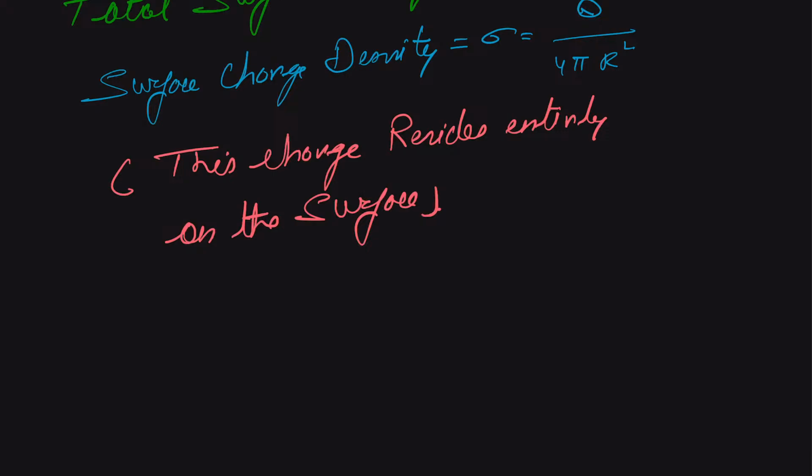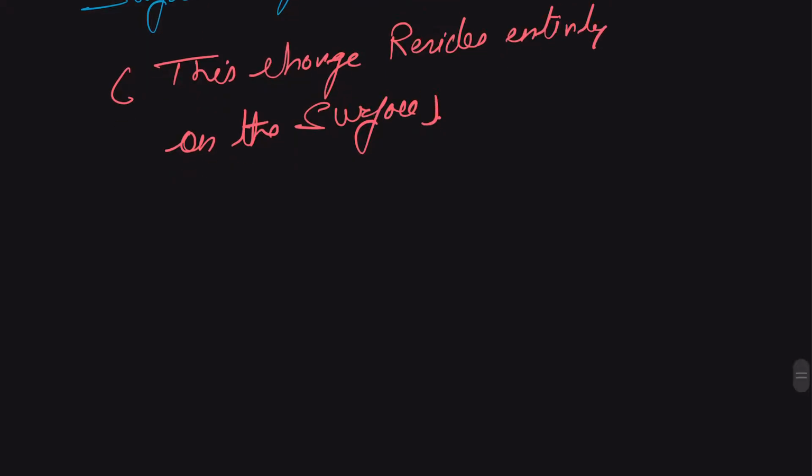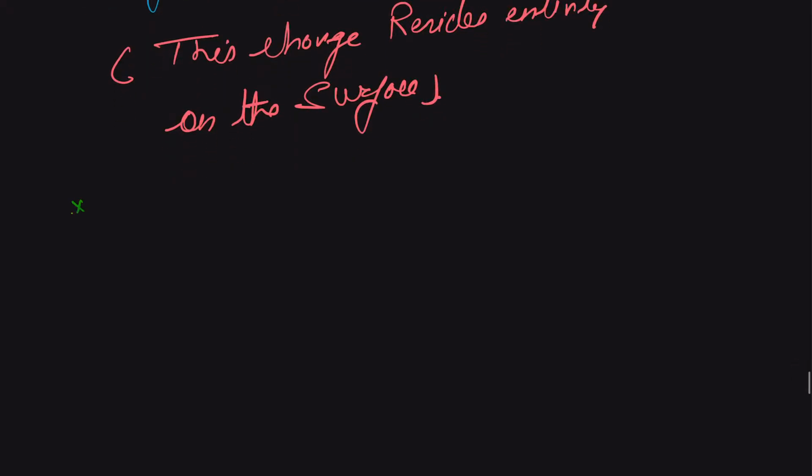So we have to remember that the electric field on the surface is the average of the field outside and inside.